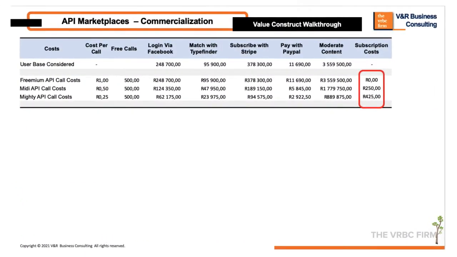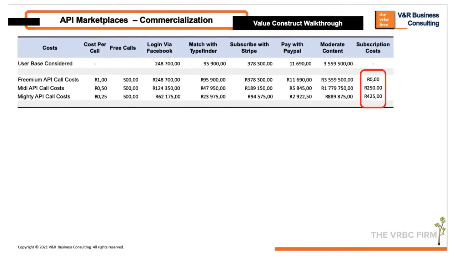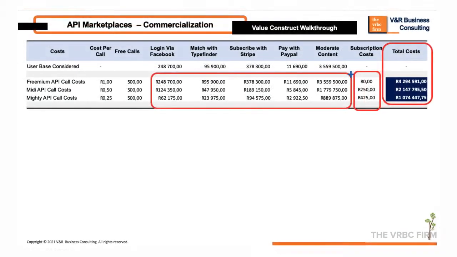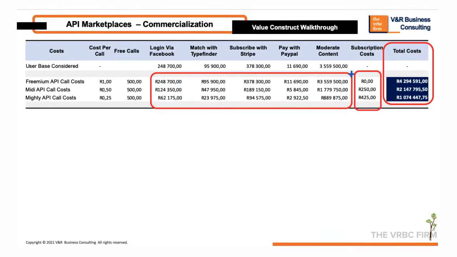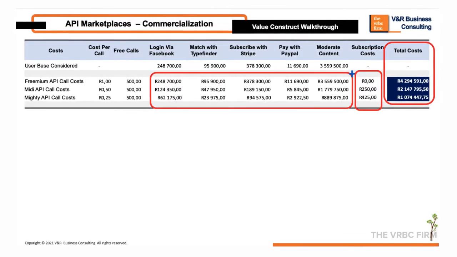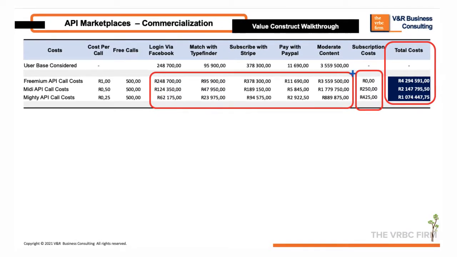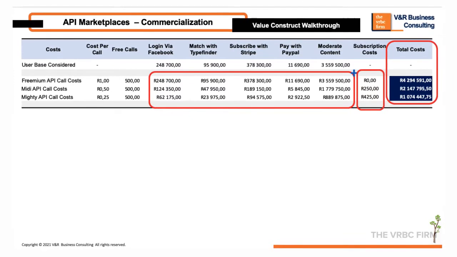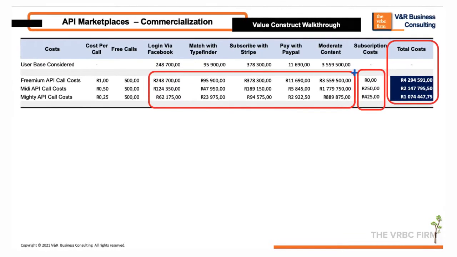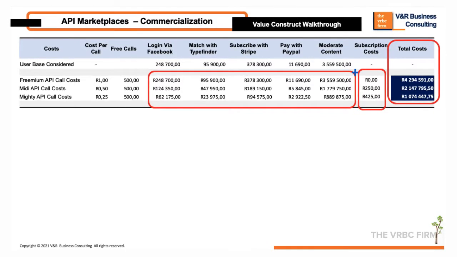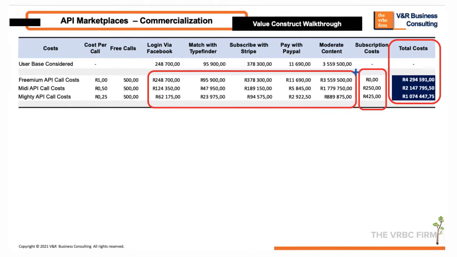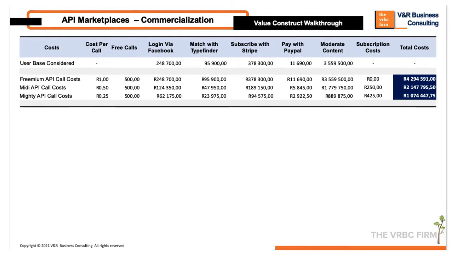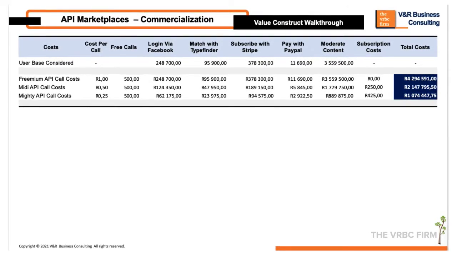So on a monthly basis, for the estimated number of users at the estimated capability usage, these are the costs per API as well as in total, both for the subscription and for the estimated number of calls. A quick ingestion of the figures again.